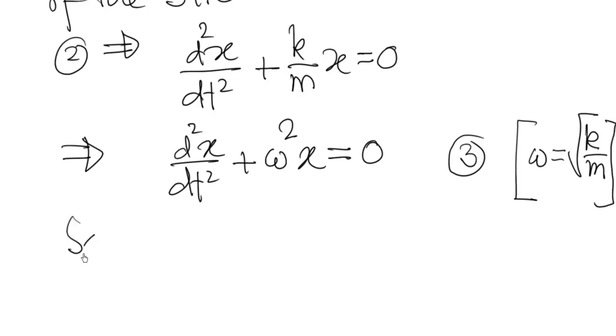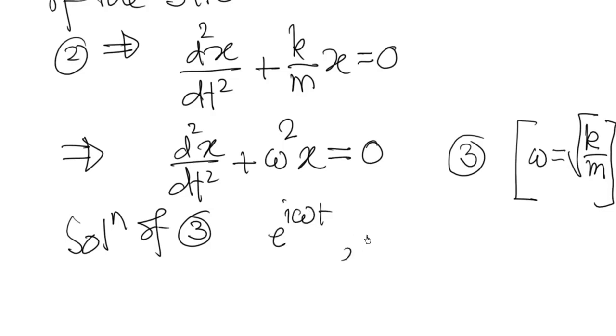The solution of 3 is a second order differential equation, so there are two solutions. These two solutions we can write down as e to the power i omega t, and another e to the power minus i omega t.